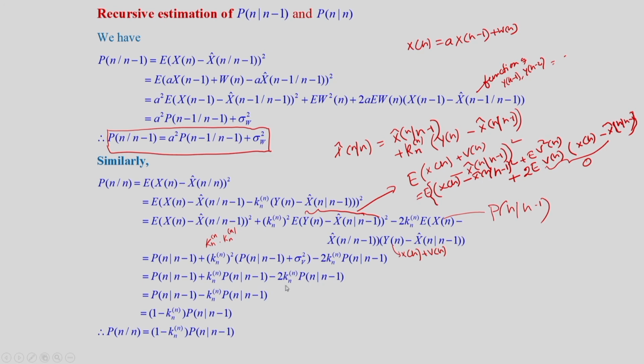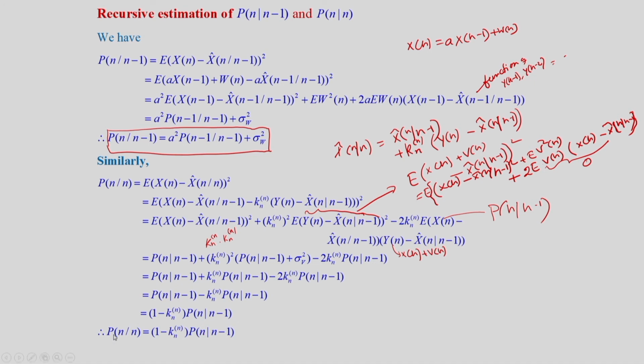So, one P n given n minus 1 will get cancelled. So, we will have only one term here. Therefore, this will be P of n given n minus 1 minus k n into P of n given n minus 1, and this we can write like this: 1 minus k n into P of n given n minus 1.